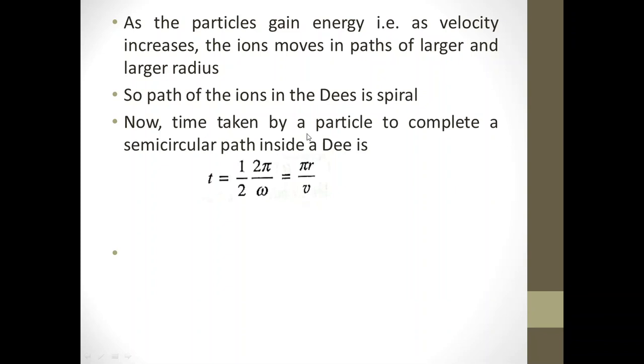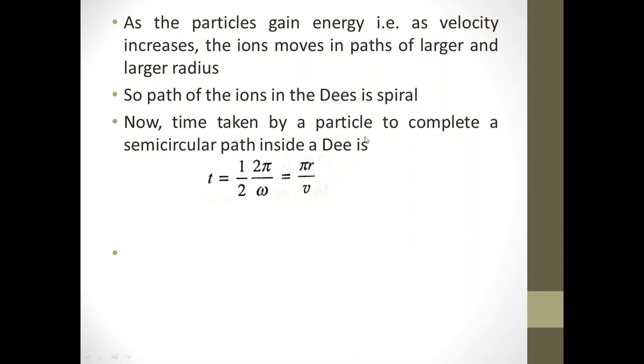Now the time taken by a particle to complete a semicircular path inside the D is given by T equal to half of 2 pi by omega, that is pi r by v. Straightforward, we can write it without this step also.